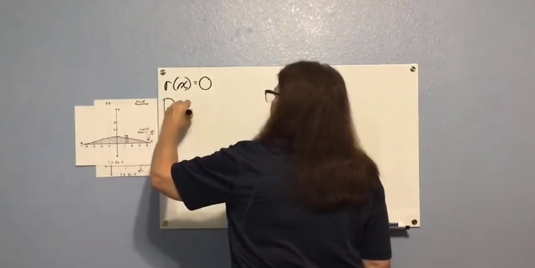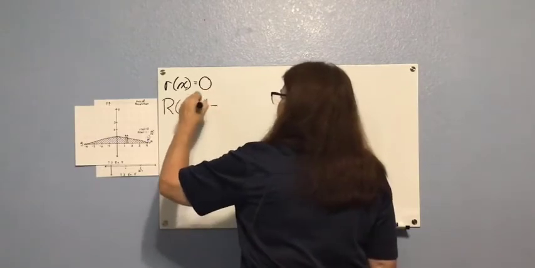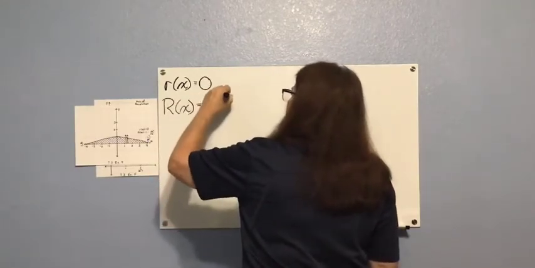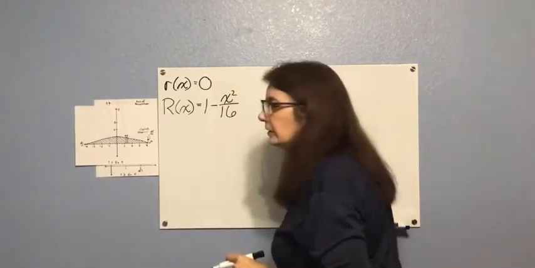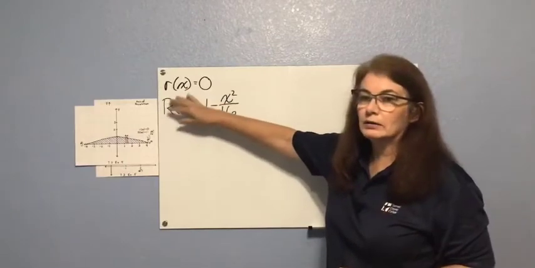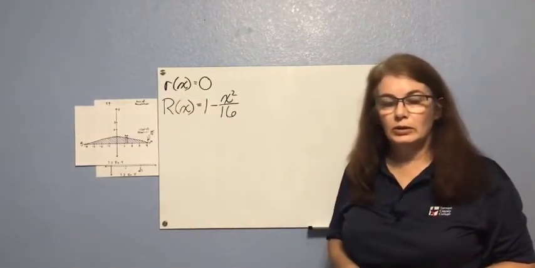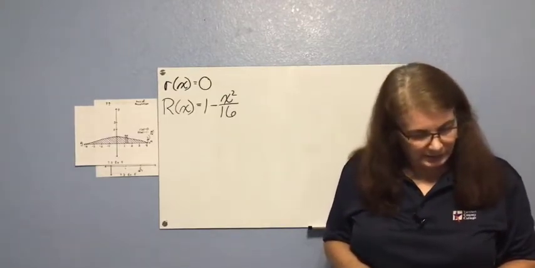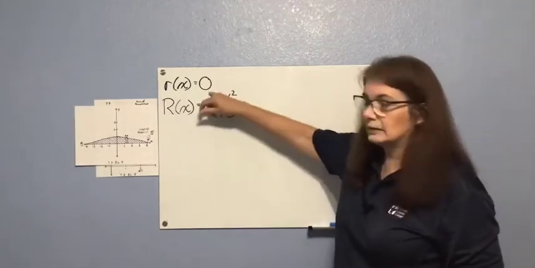Capital R of x is equal to 1 minus x squared over 16. Okay, you've probably guessed already by my choosing r, little r, and capital R that I'm going to use the washer method. And actually it's the disk method since little r is 0.